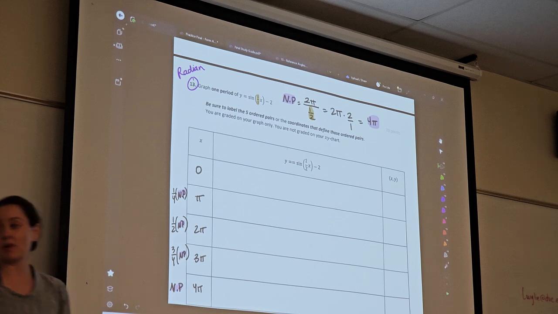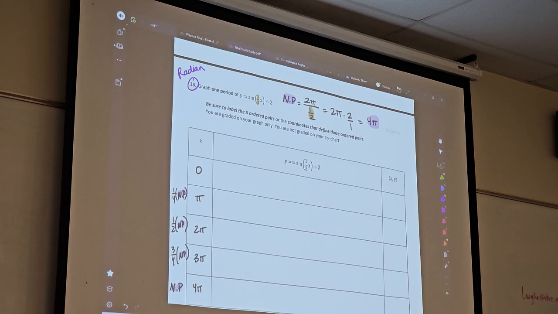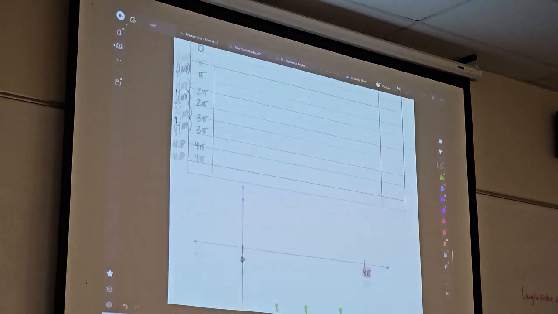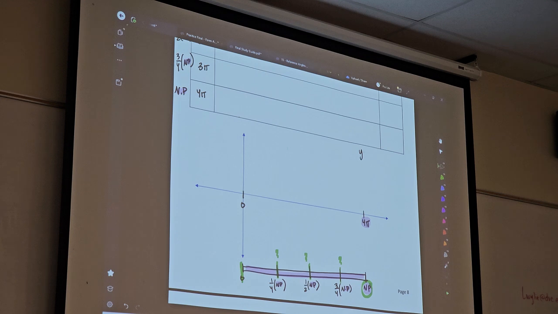I can also graph it in terms of transformations. Sine a half x minus 2. So, anyway, we get them: pi, 2 pi, 3 pi.